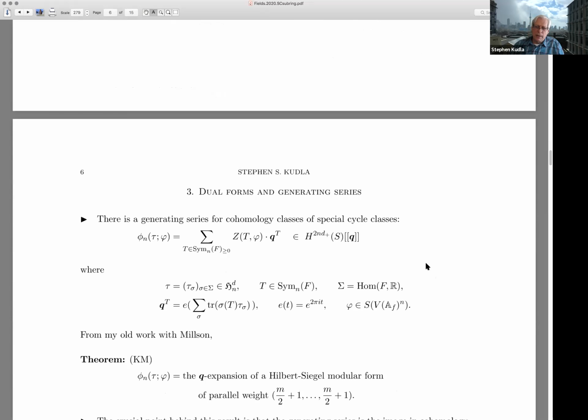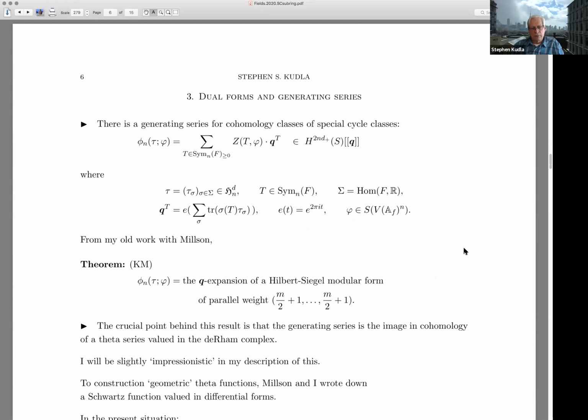So the way you get this theorem, and I'm going to say something more about the cohomology ring of reduced special cycles in a minute, is to go to these generating functions. Now you could make a formal generating function. You fix an n, which is the size of the t's, and it's also the space on which the Schwartz functions live.